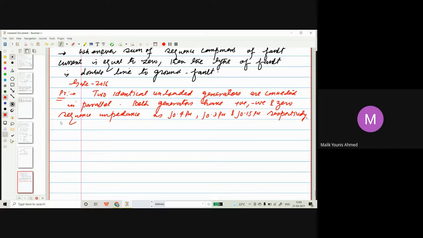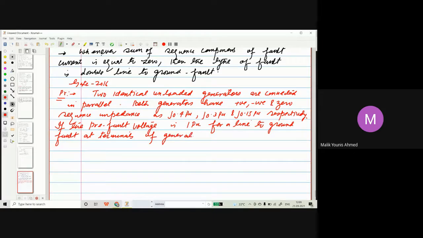If the pre-fault voltage is 1 per unit for a line to ground fault at terminals of generator, okay, what will be the fault current in per unit?